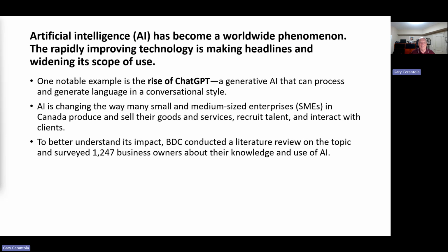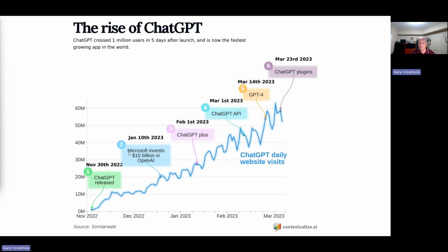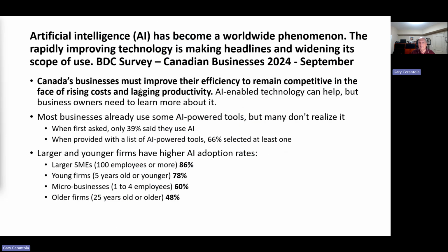And the thing is, there may be key fundamental changes in the way that we live and the way that you do work in the next 10 years. So, get ready for it. All right. To better understand it, BDC conducted a literature review on the topic and surveyed like 1,247 business owners, and look at the rise of where we are right now, just in Chat GPT and what's going on.